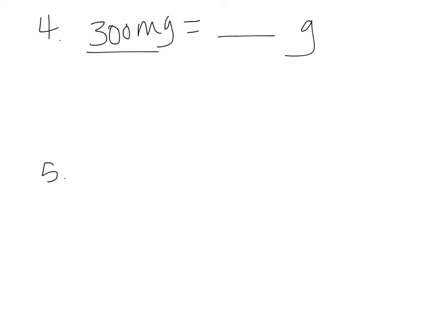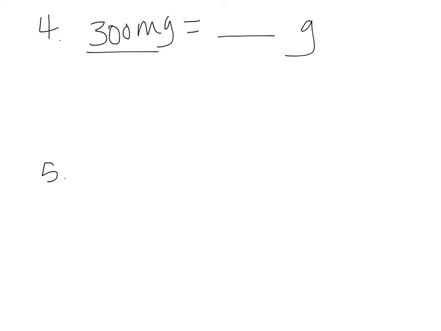For the last two, I'm going to do 4 with you. You're going to try 5 on your own. David takes 300 milligrams of medicine every day. How many grams is this? Okay, so you're going to do that one, and then I'm going to help you with 5. We'll leave it there.